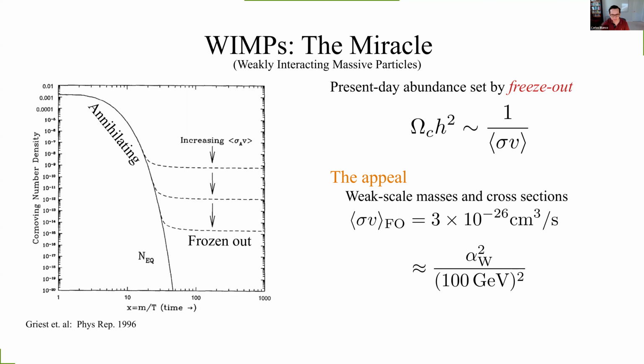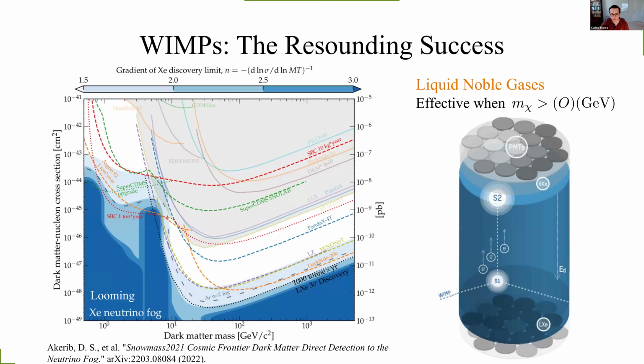and we think that we know how to detect these things. And so people went out and they built these great big detectors that are filled with liquid noble gases, predominantly xenon, and these are the real workhorses of the WIMP search. Okay, so what's happening here is that you have a tank with tons of xenon. Why xenon? Because the nuclei are heavy in xenon.